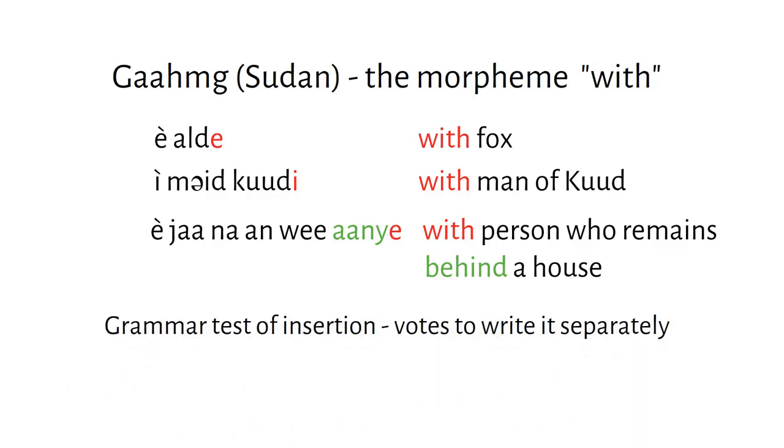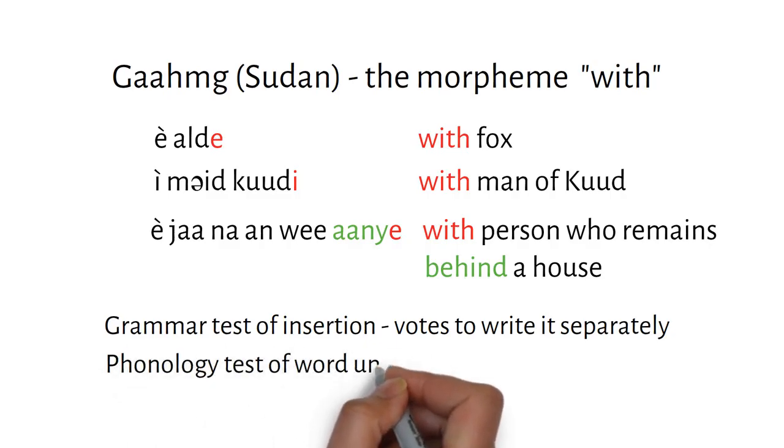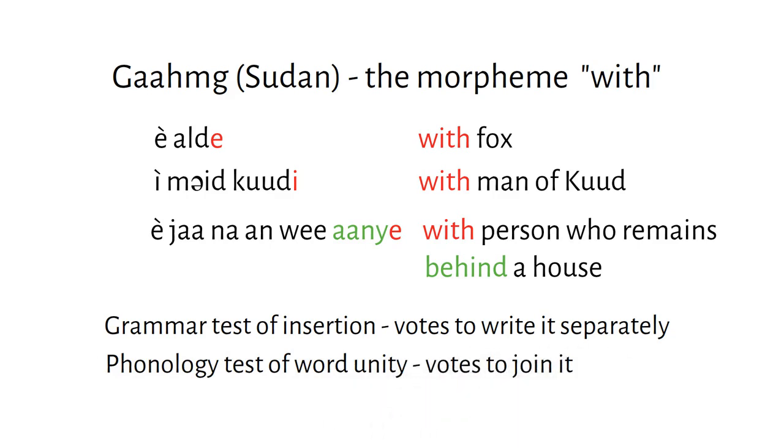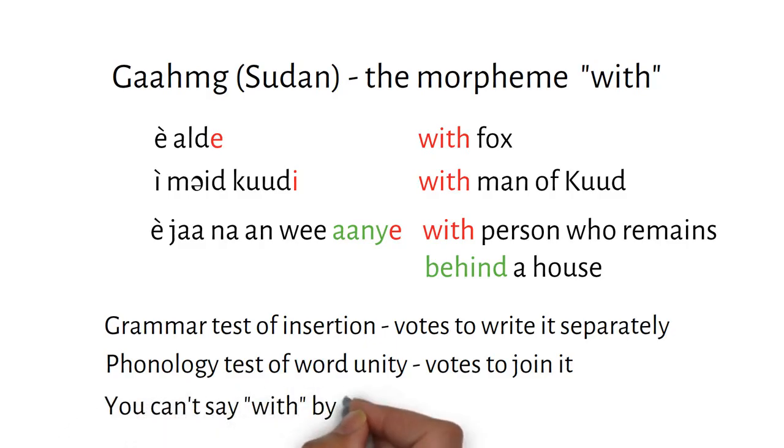Our test of insertion votes for writing it separately. However, with is either a or e, depending on which word it is next to, and so it shows phonological unity with that word. So the phonology test votes to join it. Also, you can't say with by itself.